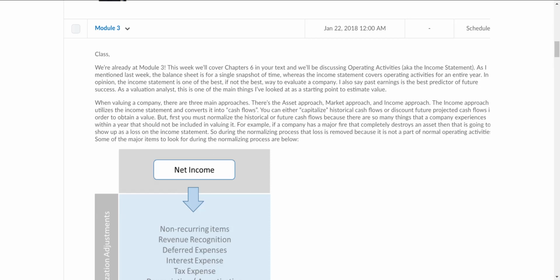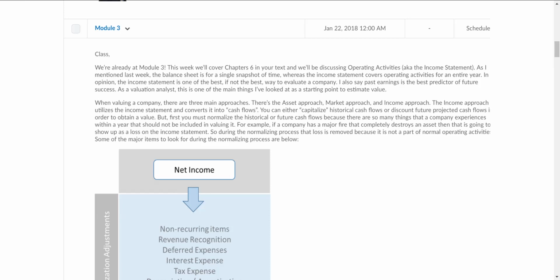You can either discount projected cash flows or you can capitalize past cash flows. Now, I prefer to discount projected cash flows, because if you use historical cash flows, you're not going to be able to take into consideration anything that you know is coming in the future, like any regulatory change. You can't really account for it if you just capitalize historical cash flows.